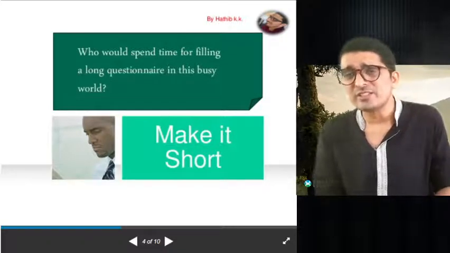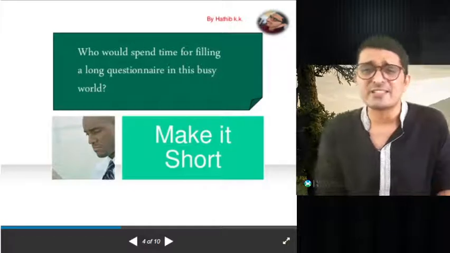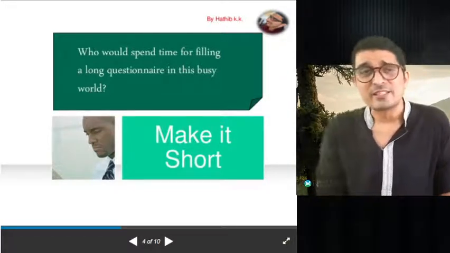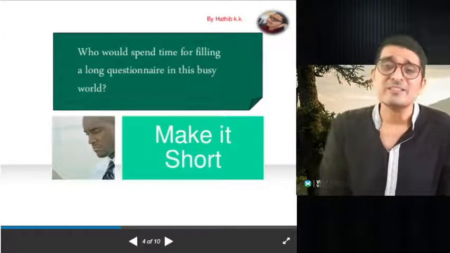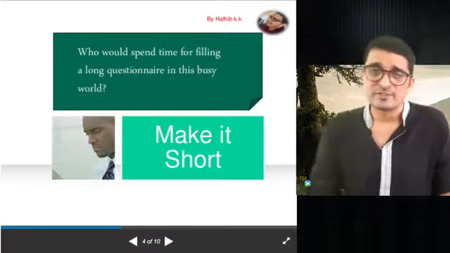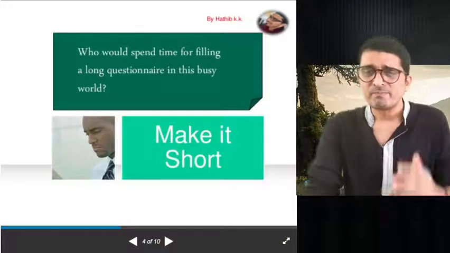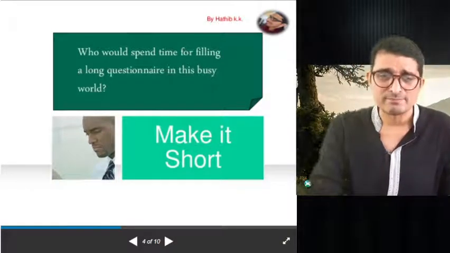Your main intention is collecting authentic data for your study, not getting detailed descriptions from your respondent. So try to make your questionnaire as short as possible.